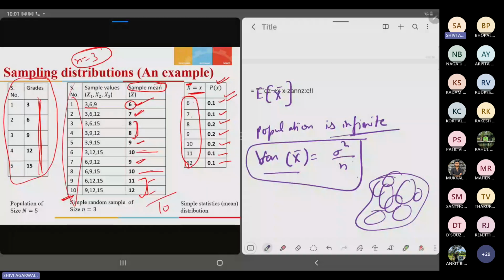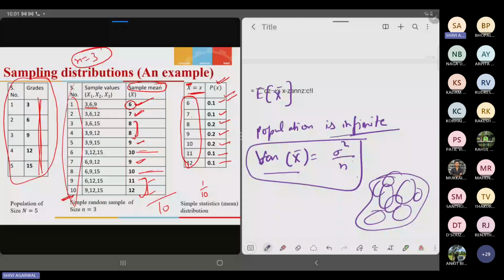Okay. So a random sample is a random sample of size n, and that size is also very important, from the infinite population. Generally we consider an infinite population, not the finite population as we have done.